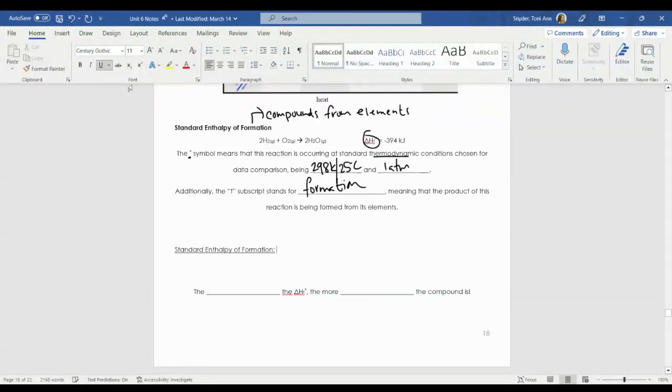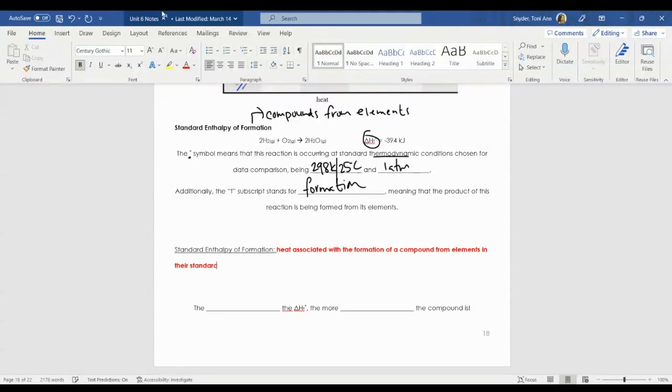The standard enthalpy of formation is the heat that's associated with the formation of a compound from elements in their standard state. The standard state, again, just means 1 atmosphere and 25 degrees Celsius.